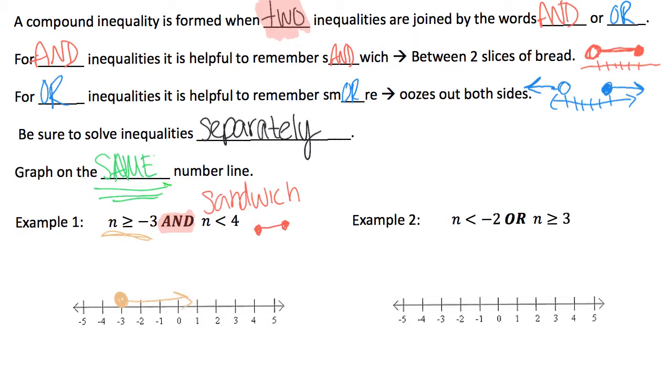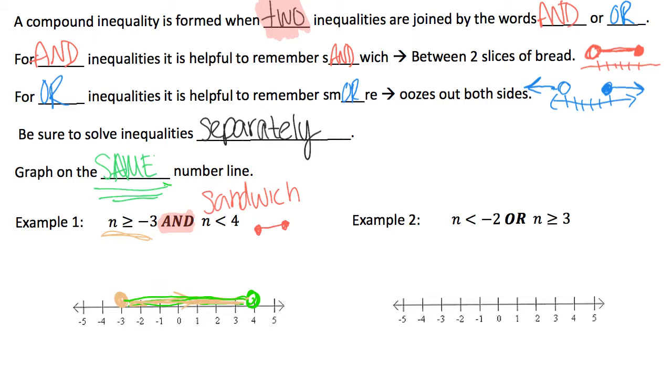This is an open circle at 4, and it's coming this way. So they meet in the middle. They go until they meet like a sandwich, until the bread meets in the middle. Okay, so this is why and kind of makes sense.